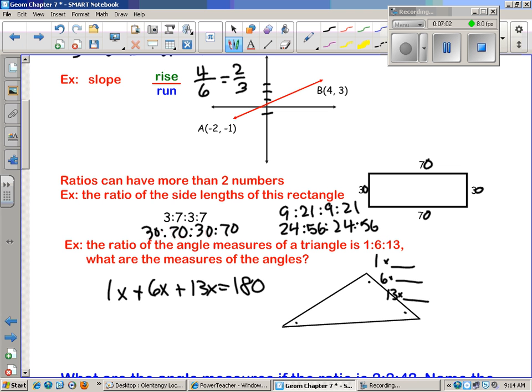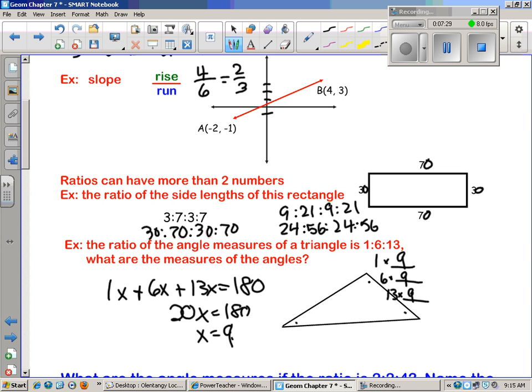Okay? So 1x plus 6x plus 13x, that's 7 plus 13, 20. So I get 20x equals 180. Divide by 20, and x is 9. Sorry, 9. x is 9. So that means the number that should go here is 9.